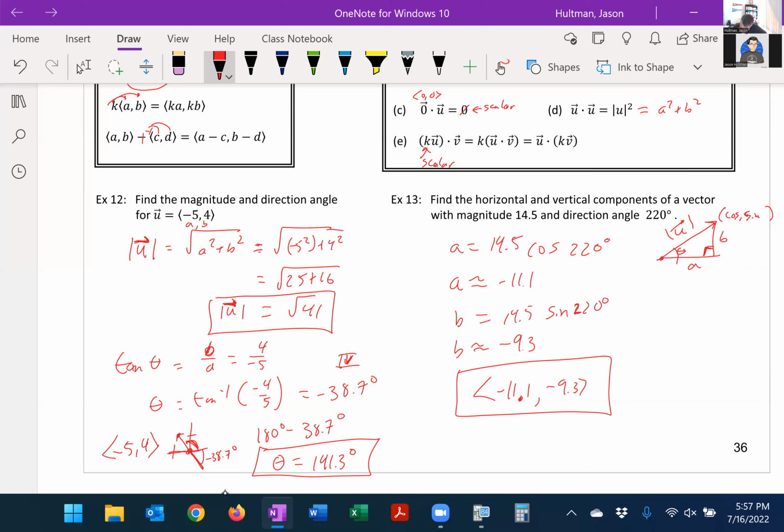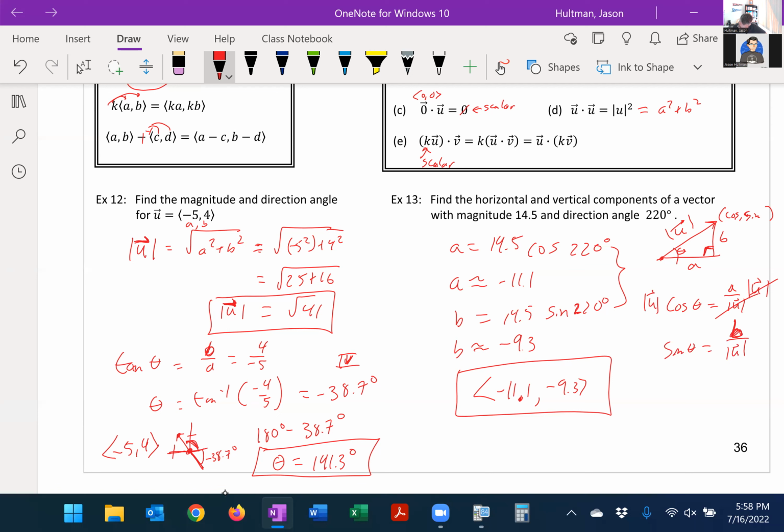Once again, let me look at these formulas. Where are they coming from? If I took the cosine of theta here, wouldn't that be A over the magnitude of u? What would happen if I multiplied both sides by the magnitude of u? I would get A is equal to the magnitude of u times cosine theta. And the sine of theta is B, opposite over hypotenuse, B over the magnitude of u.